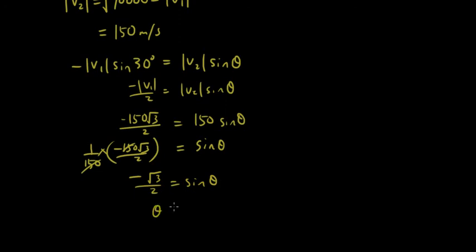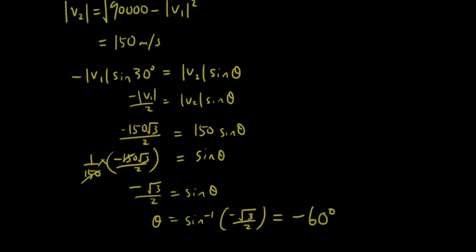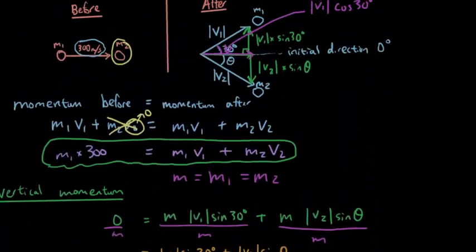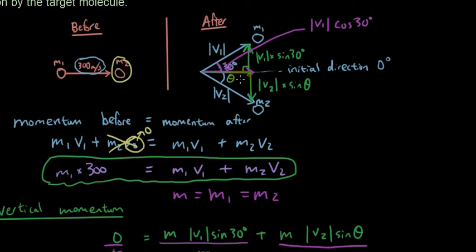Then theta will equal inverse sine of negative square root of 3 over 2, and you will simply get negative 60 degrees. And there is the answer to our whole question. Theta, which is the angle that the second object is moving at, is 60 degrees.